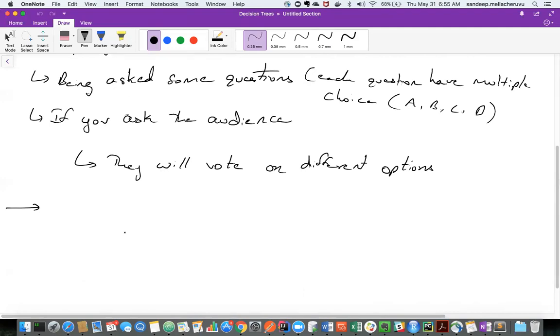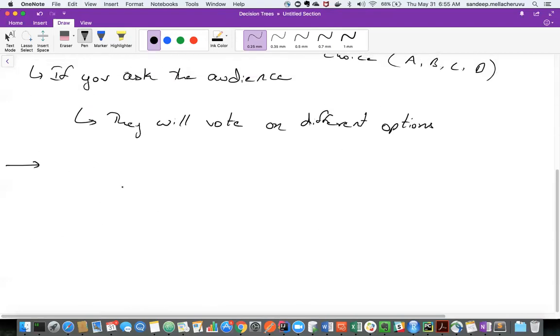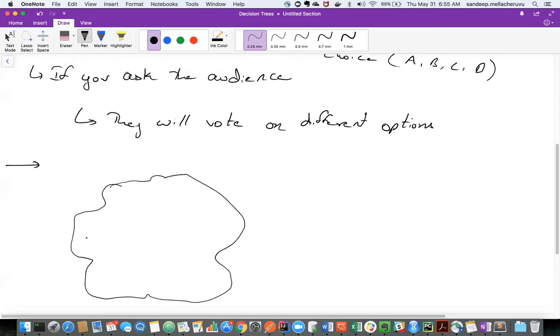How can it happen? For that, you need to understand the internals of ensemble modeling. So let me give you one small example. Let's say this entire region, whatever I have drawn, is your sample space.